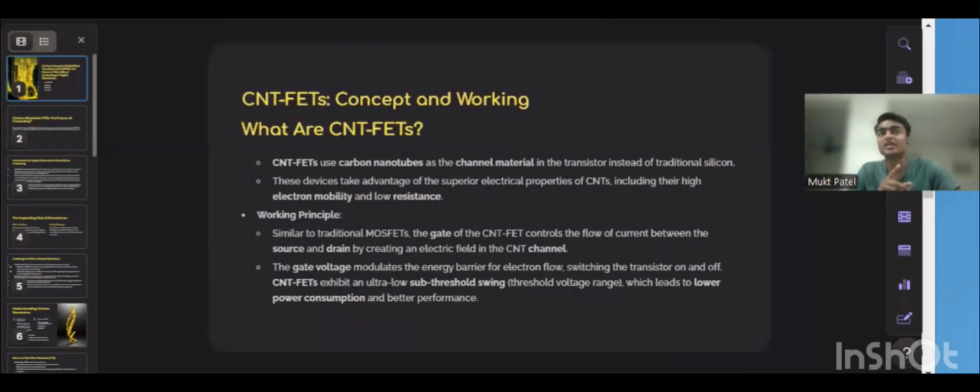The gate of the CNT FET controls the flow of current between the source and drain by creating an electric field in the CNT channel. The gate voltage modulates the energy barrier for electron flow, switching the transistor on and off. CNT FETs exhibit ultra-low sub-threshold swing, low power consumption, and better performance.